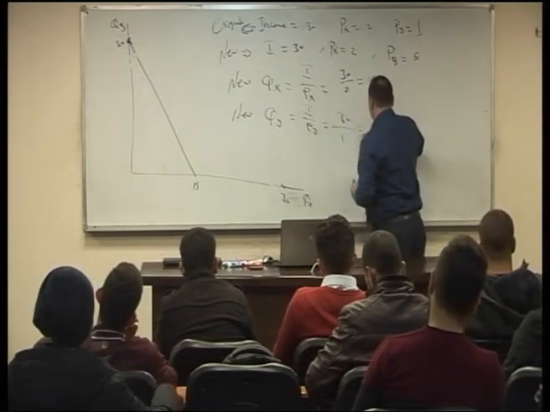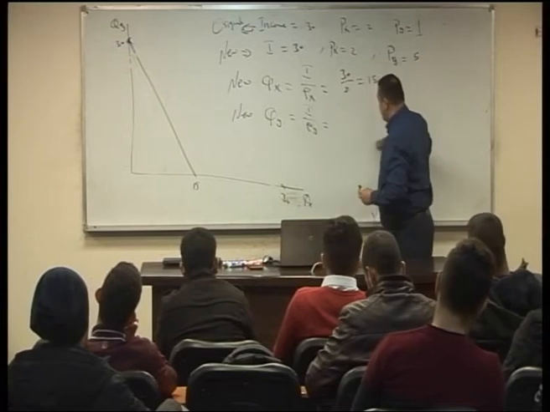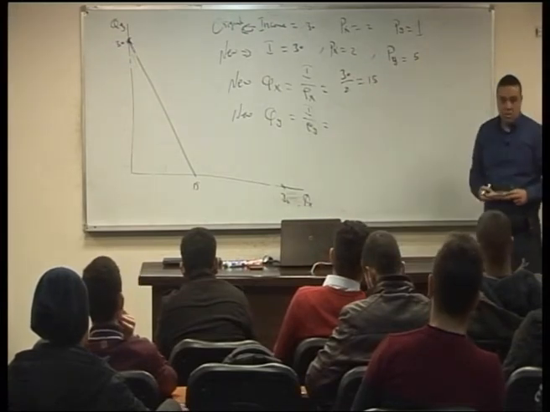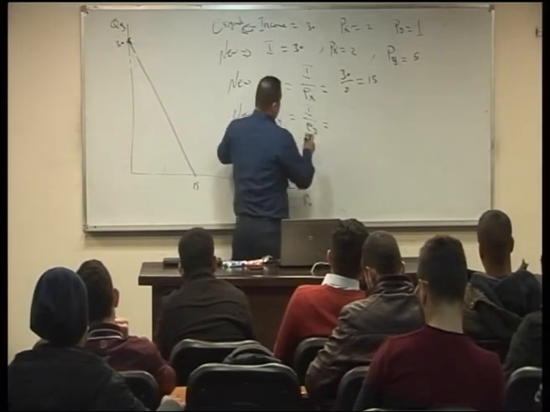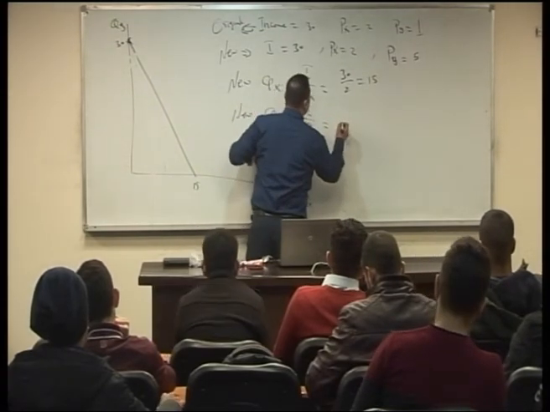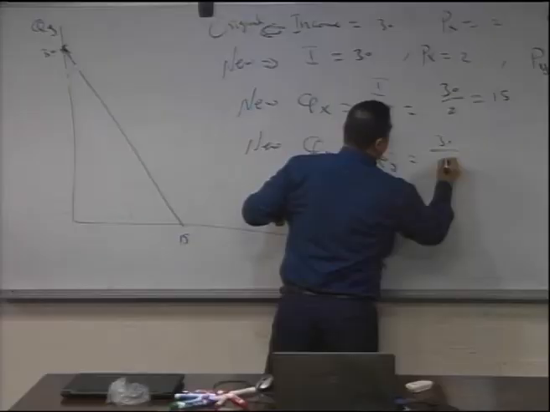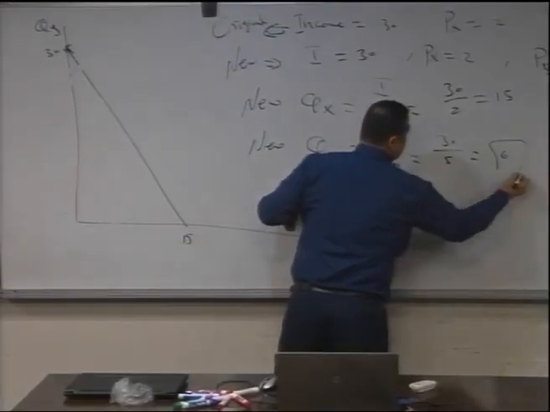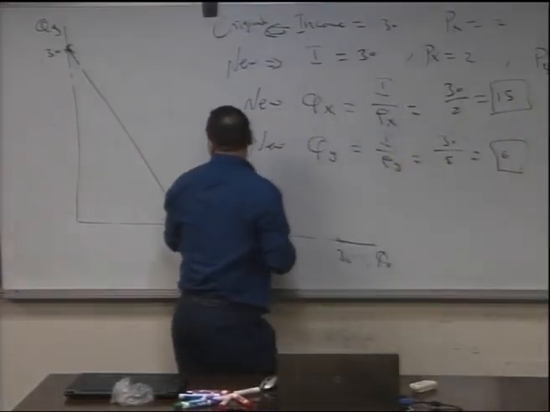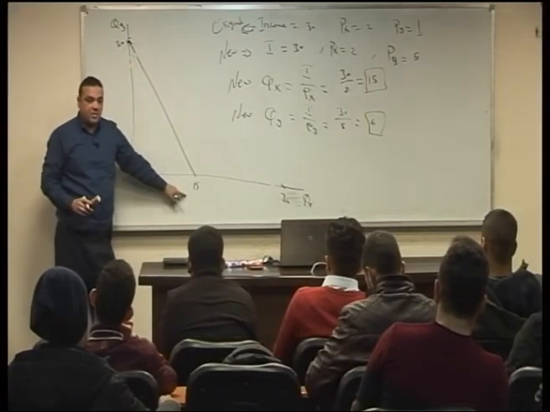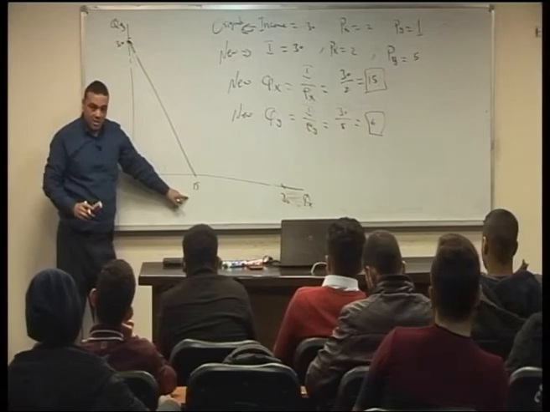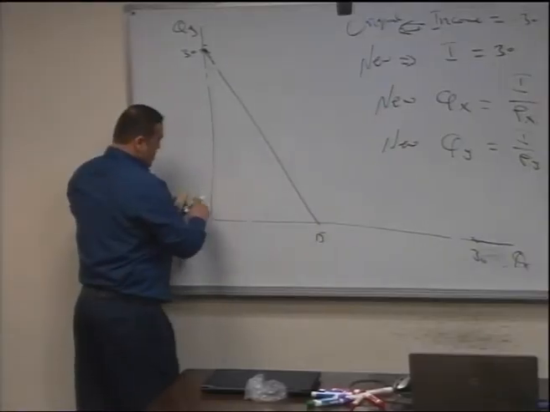But we have a change in the quantity of Y, which becomes smaller: 30 over 5 equals 6. So the quantity purchased of X remains constant, but the quantity of Y decreased.